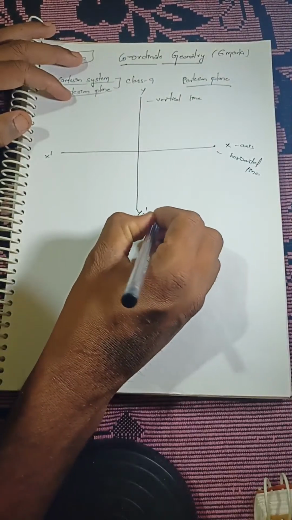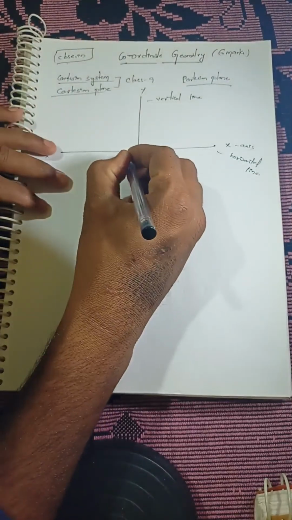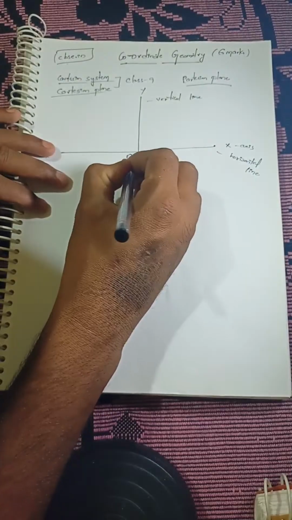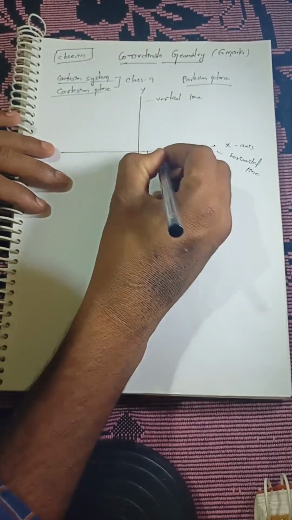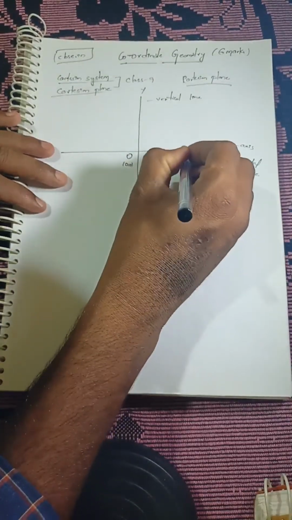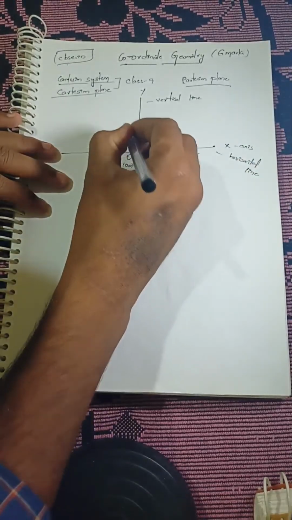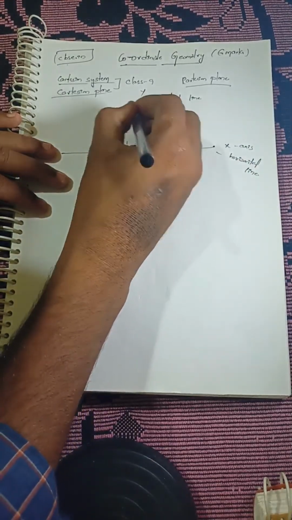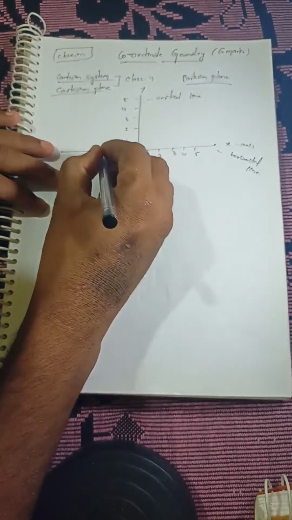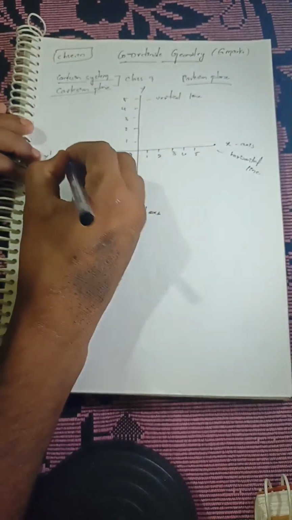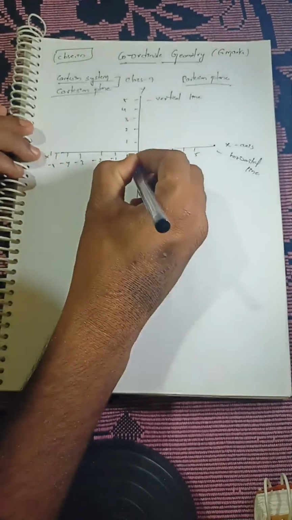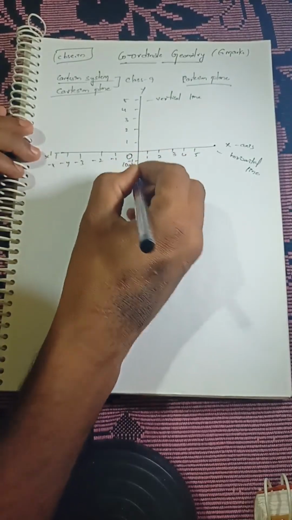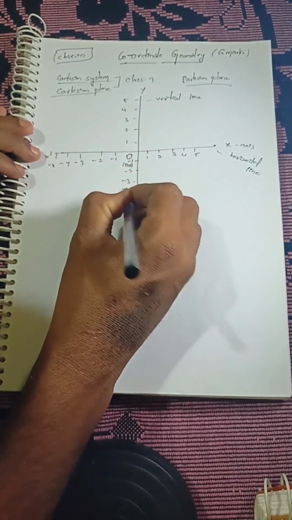This is the y dash axis. This is the center point O, which we mention as origin, 0 comma 0. Here 1 2 3 4 5, here 1 2 3 4 and 5. Here -1 -2 -3 -4 -5, here also -1 -2 -3 -4 -5.